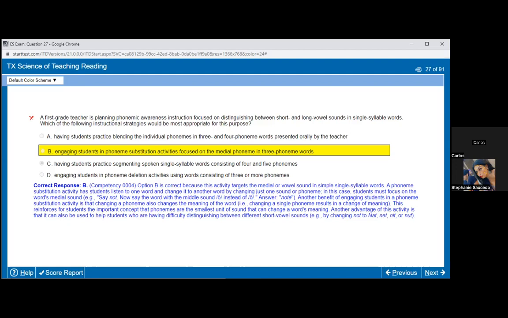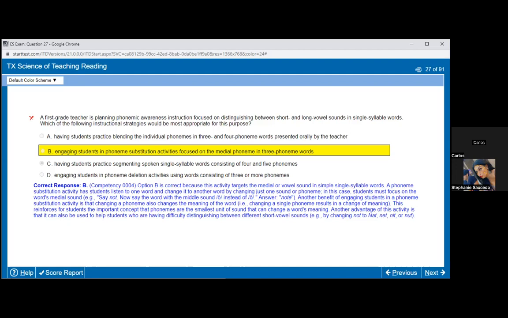But for this in particular, based on the specifics they gave us, the short and long vowel sounds and the fact that it's a single syllable word, I would keep it to the smallest amount of phonemes, the shortest word pattern, if you will, and substitute different vowel sounds to show them short vowels and long vowel sounds and how they are different in each word.